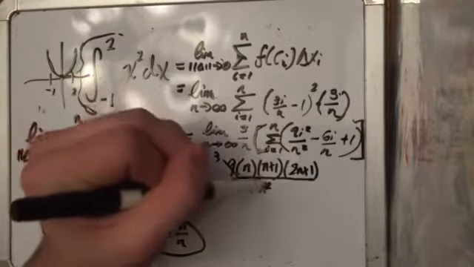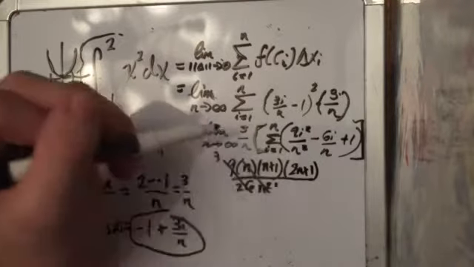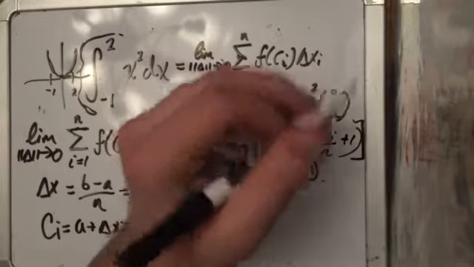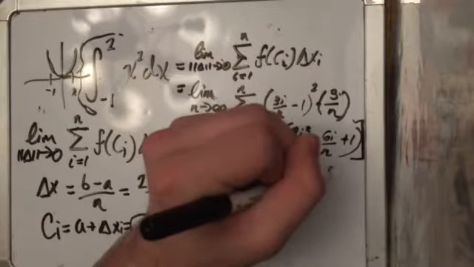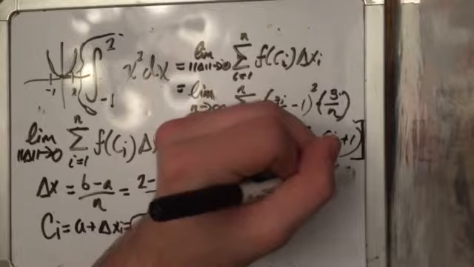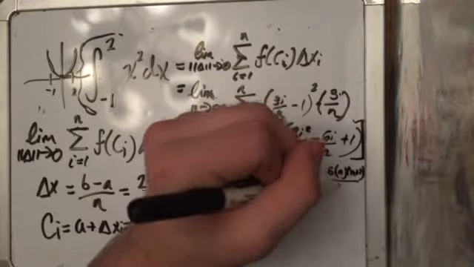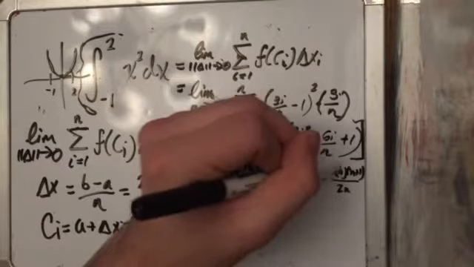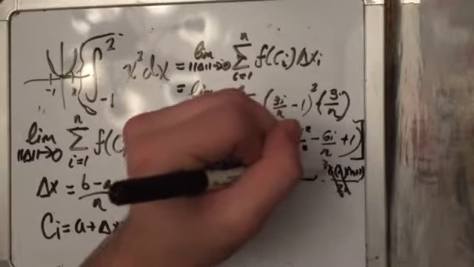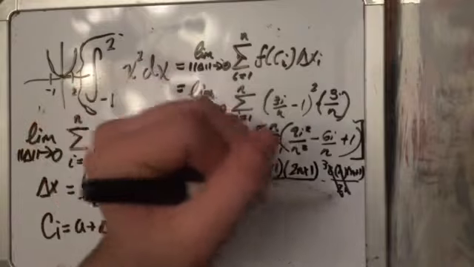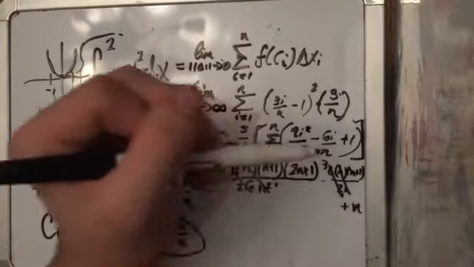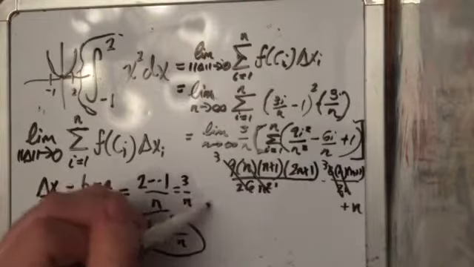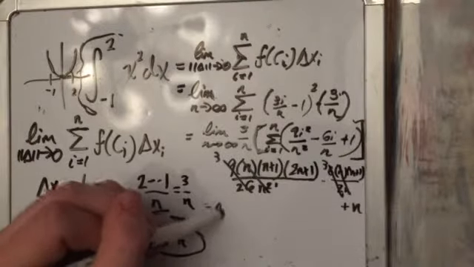And then this one becomes 6 times n plus 1 over 2n. So the n's cancel out, changes to 3. And then the 1 just becomes n. So this looks a little messy right now, but we'll fix it.